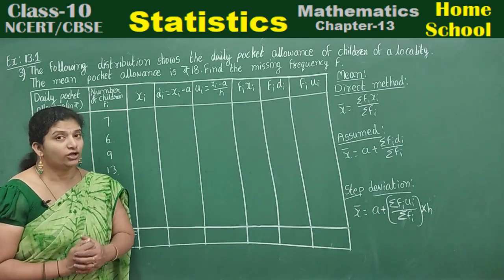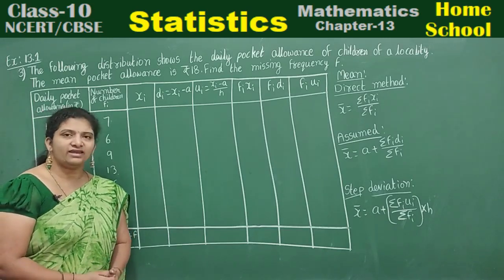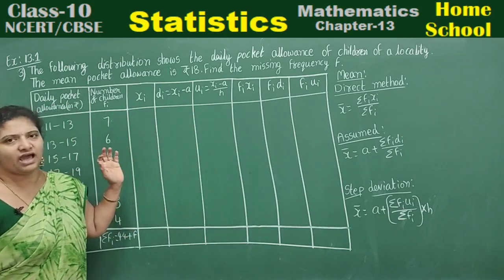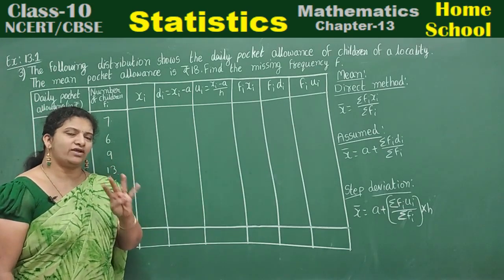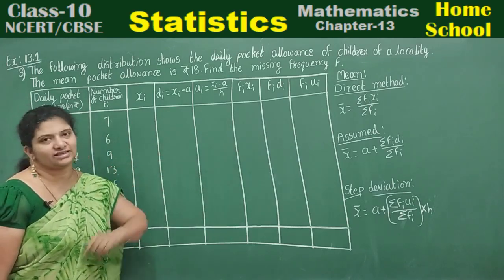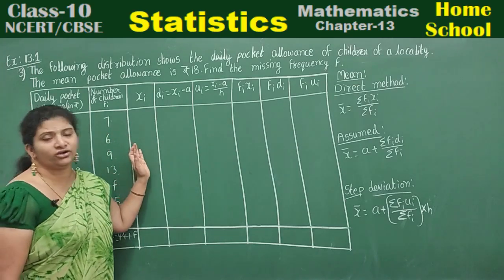Now select your own method, but I am showing in 3 methods: direct, assumed mean and step deviation method. Let's start with the direct method. What all 4 columns do we need? Class interval, frequency, score and Fi Xi. Score, how are you going to get? Class mark, how are you going to get?